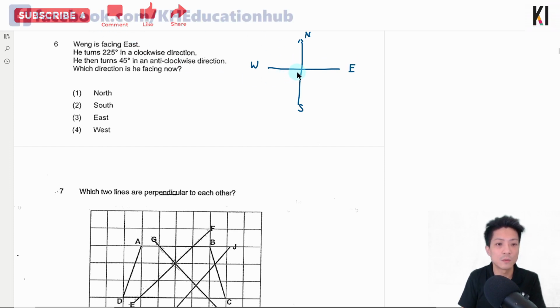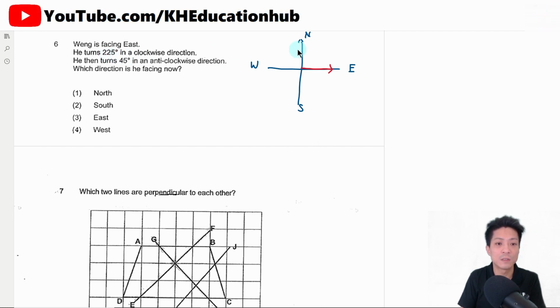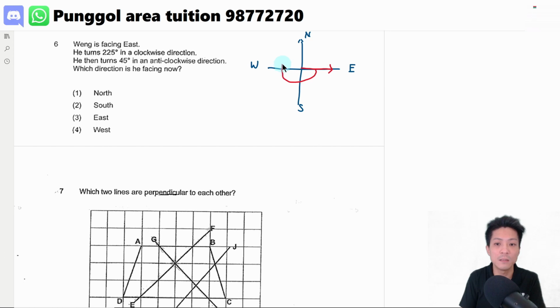Okay, so Wang is facing east. Okay, and then he turns a 225 degree in the clockwise direction. Clockwise direction would be in this direction. It is 180 and plus another 45.